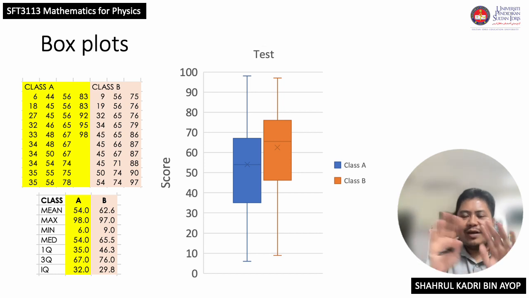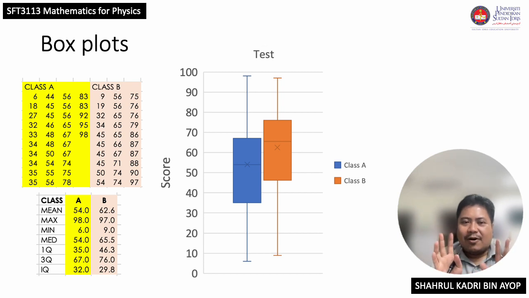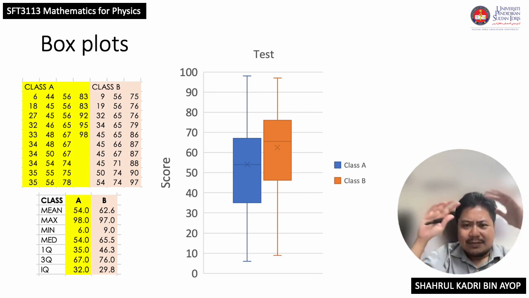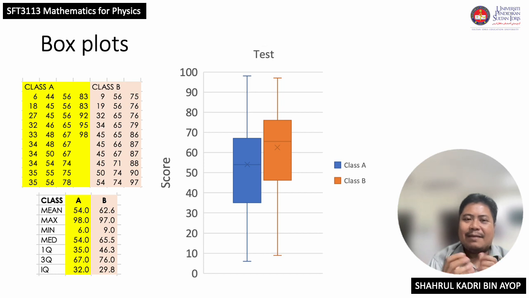Between these two classes, we can estimate the academic performance. So which one is better? Which one is average? Which one is highest? Even though class B's highest is lower than class A's, cumulatively they perform better because the mean is higher, right? The mean is higher, and the median is also higher.